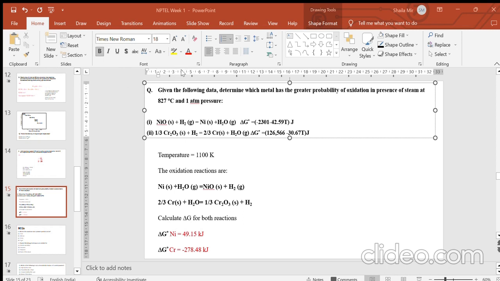Because you have reversed the reactions, you have to reverse the delta G values also. Delta G naught for this reaction will be the negative of what it was for the reduction reaction, and also for this one. So you have to find the delta G for the two reactions. You can take 5 minutes and solve it, then we'll solve it.